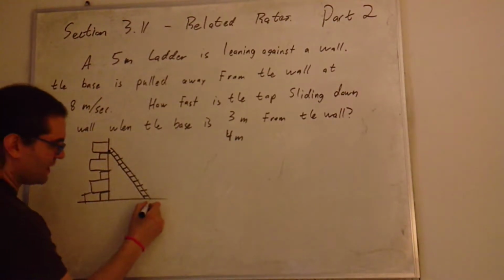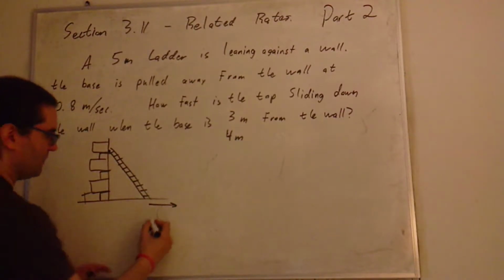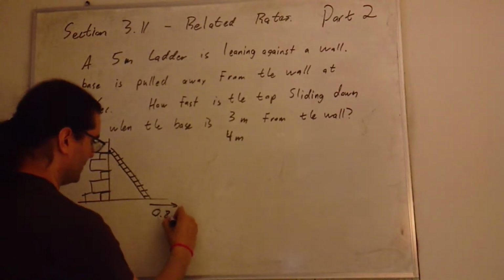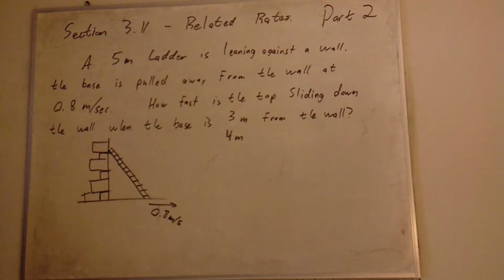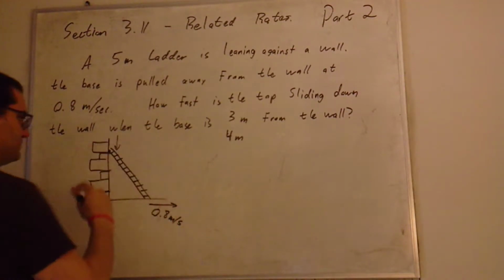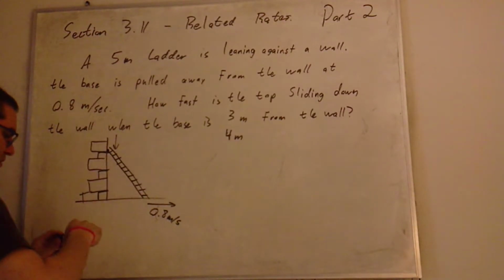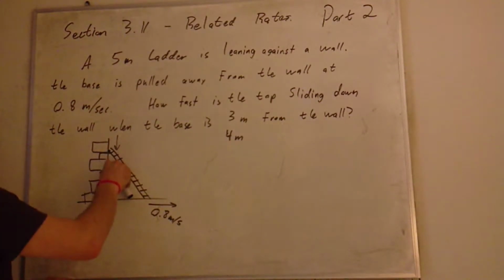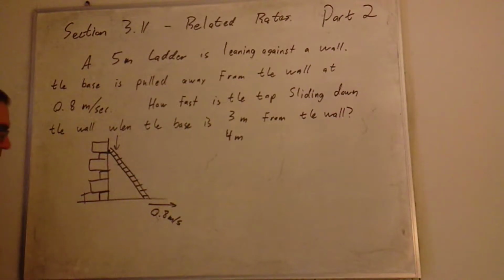The bottom of the ladder is being pulled away from the wall, 0.8 meters per second, which means that the top of the ladder is falling. The top of the ladder is sliding down the wall as this thing gets pulled away.